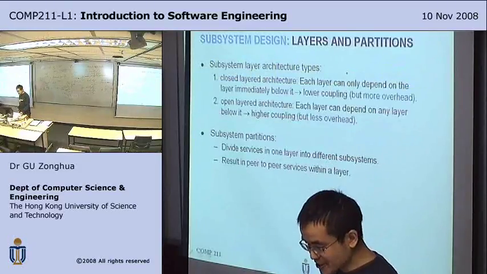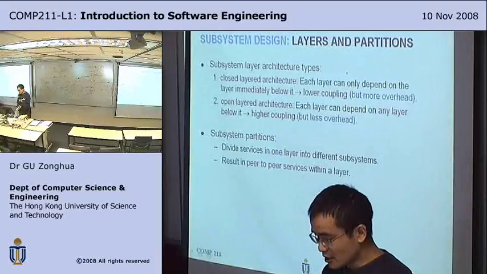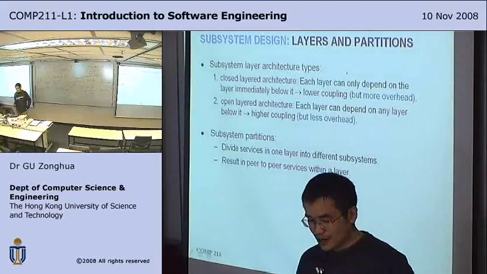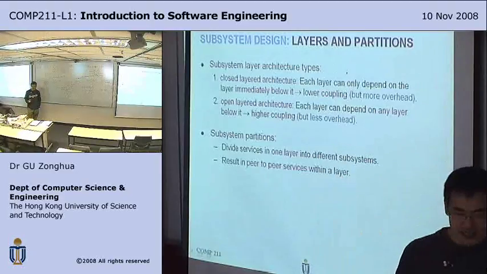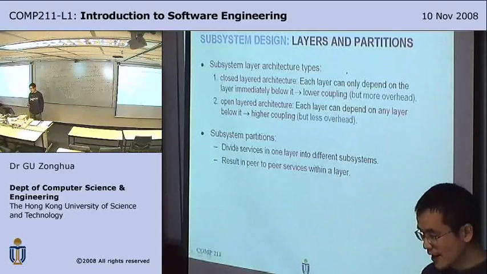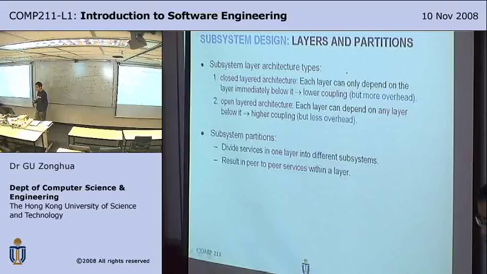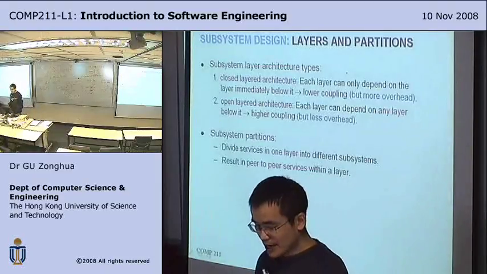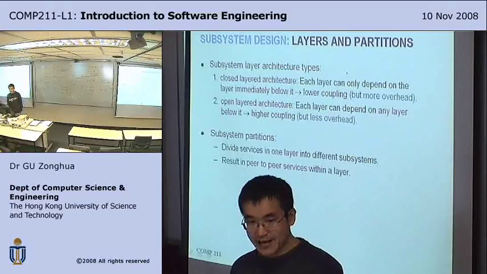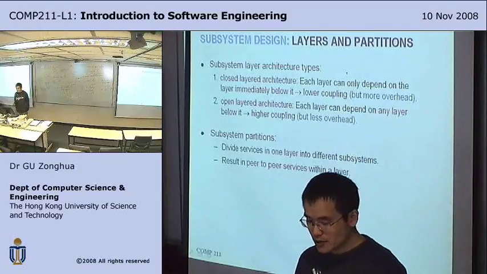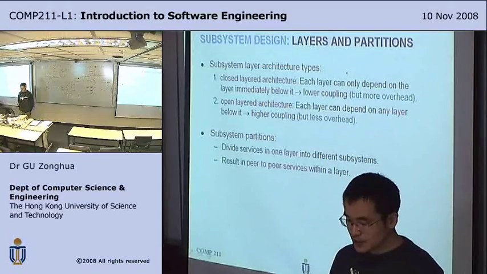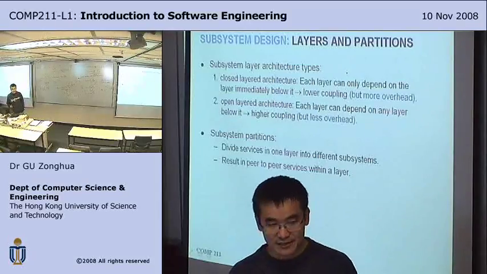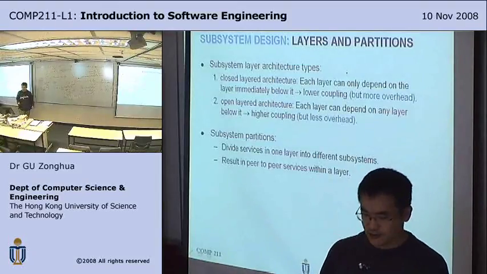Layers and partitions. Subsystems are often organized in a layered structure. There may be 2 types of architectures. One is closed layered architecture, where each layer can only depend on the layer immediately below it. Another is open layered architecture, where each layer can depend on any layer below it, so it can bypass some layers and jump directly to a lower layer.